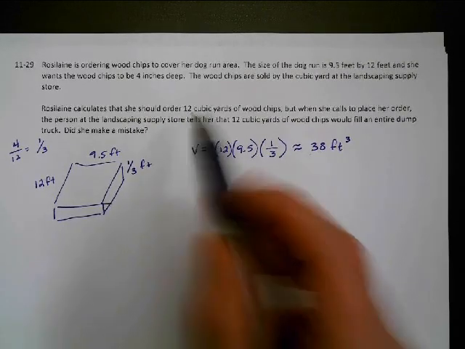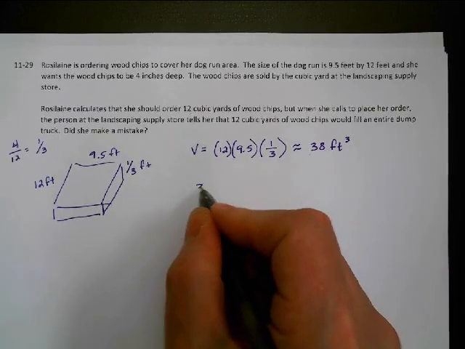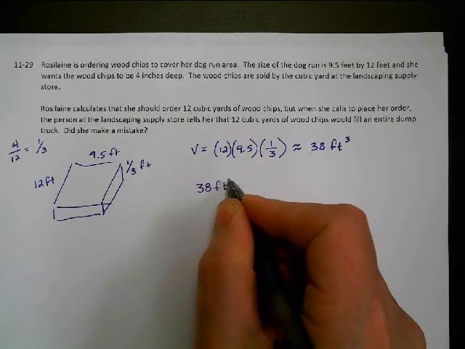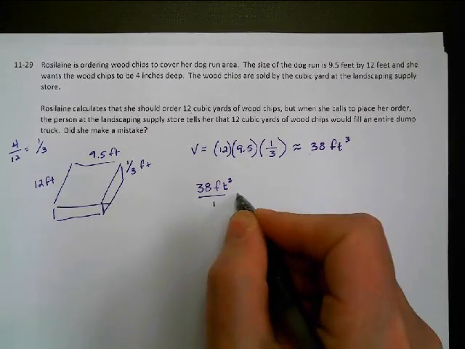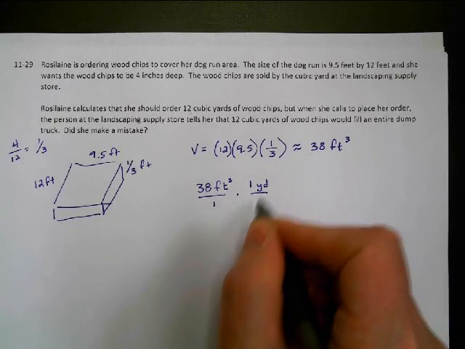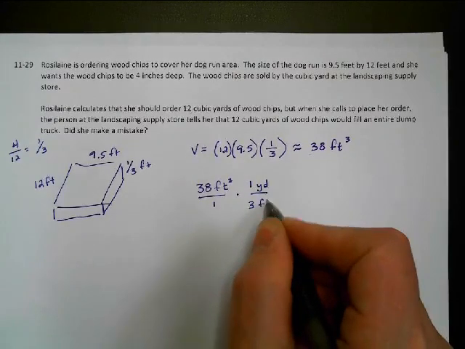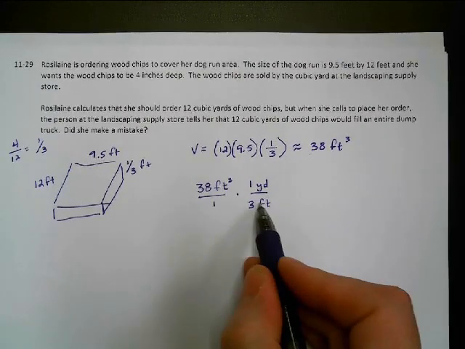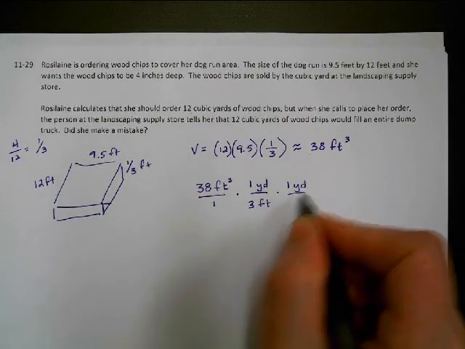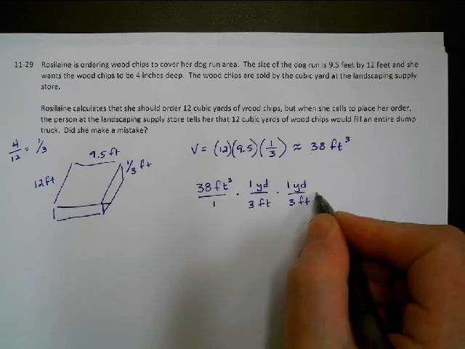If you've got 38 feet cubed and you want to convert this into cubic yards, 1 yard equals 3 feet. But that doesn't cancel out the feet. We still have to multiply by another yard over 3 feet, and then another yard over 3 feet.